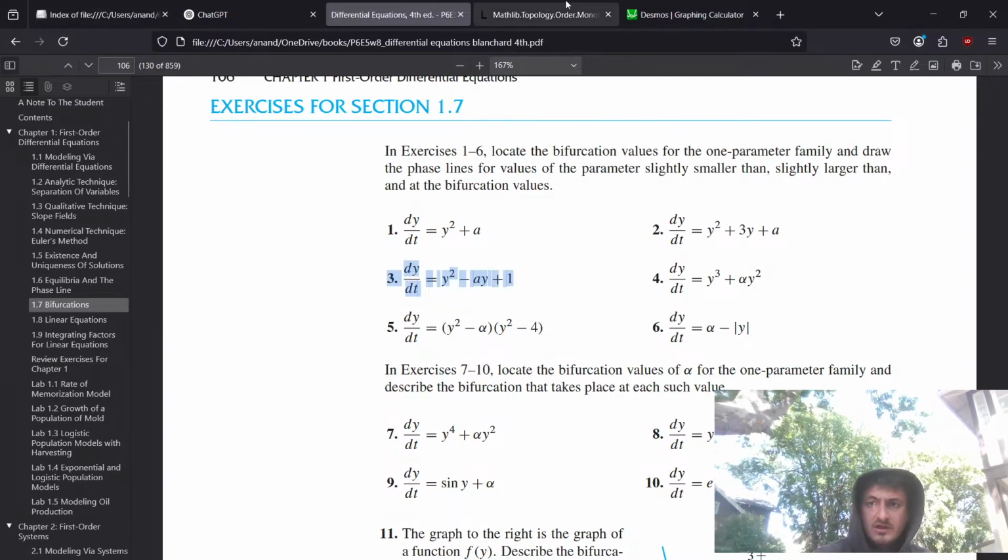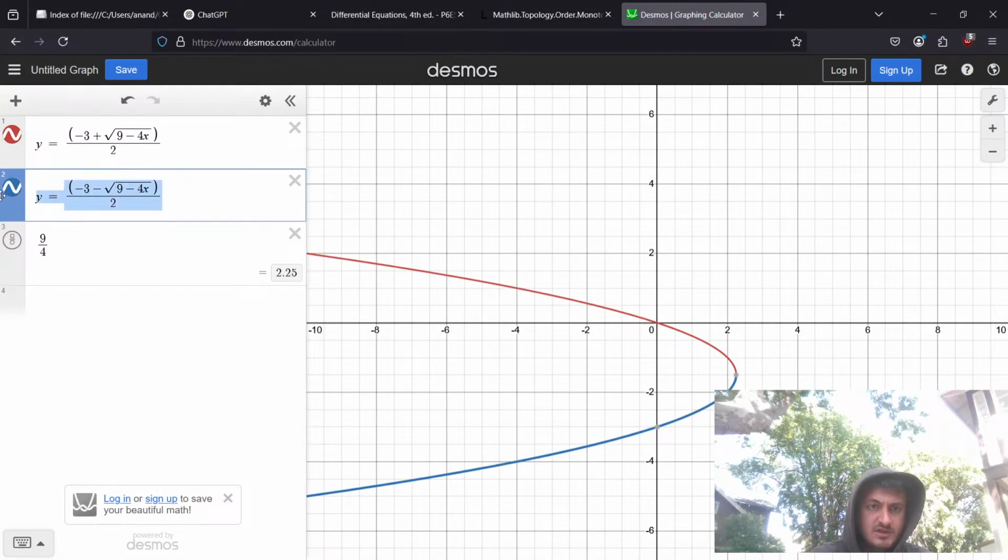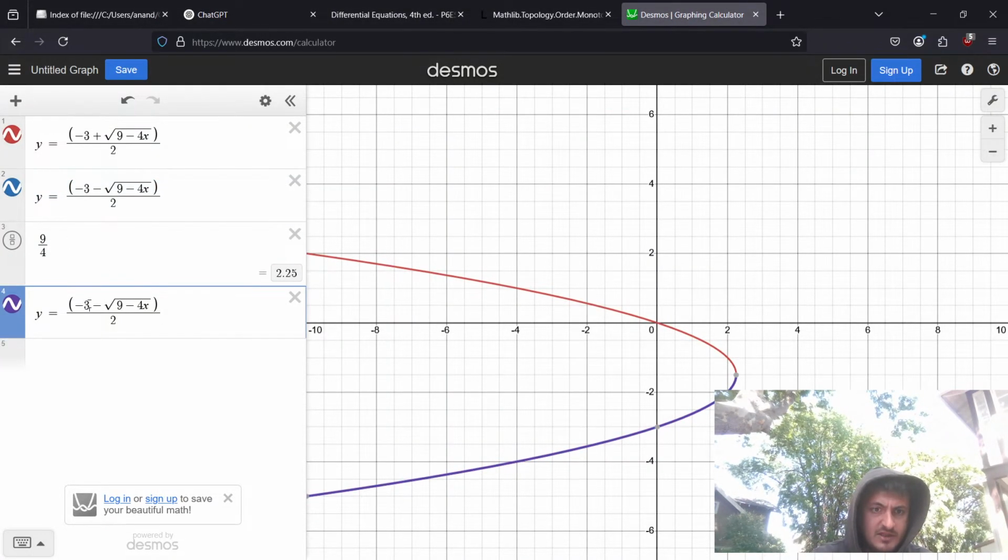So wait, can we just... I really like plotting it. So if we just copy this, we make this minus x.